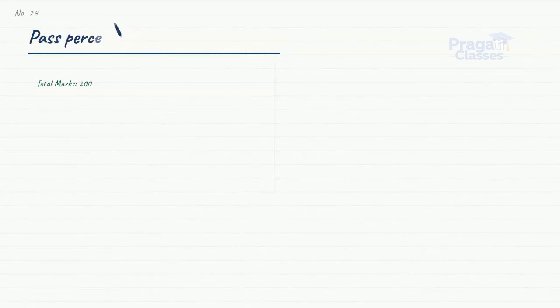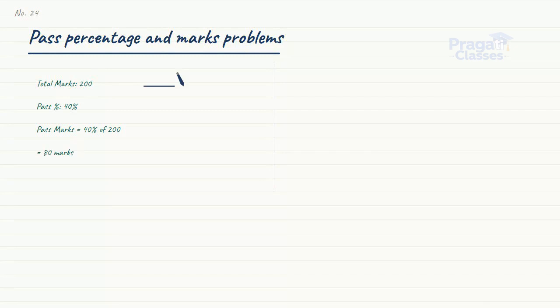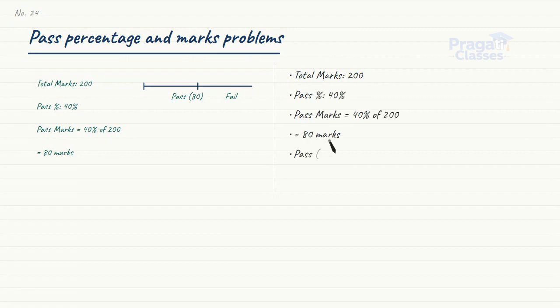We've compared incomes, now let's wrap up with a situation every student faces, figuring out the passing marks on an exam. Here, look at the board for a moment. The total marks are 200, and the pass percentage is 40%.